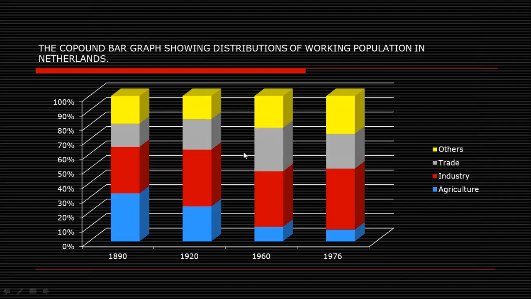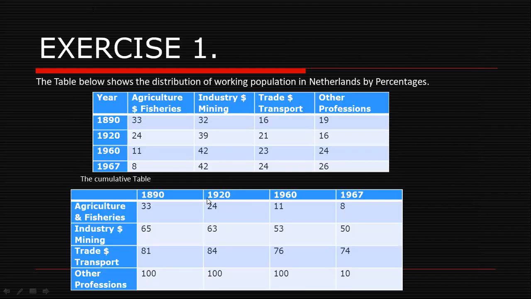The graph. What if it doesn't require the percentages? How can you do the cumulative table? The cumulative table remains the same. If the data or the information that has been given to you is not in percentages, you will still get the figures that you have been given here and add them.